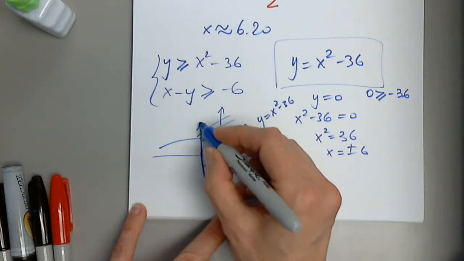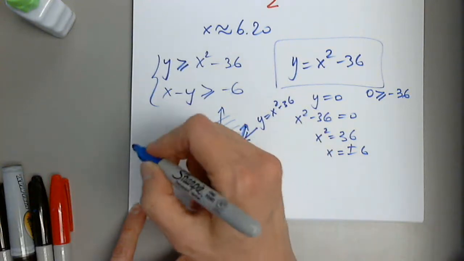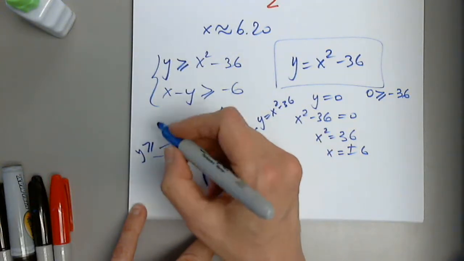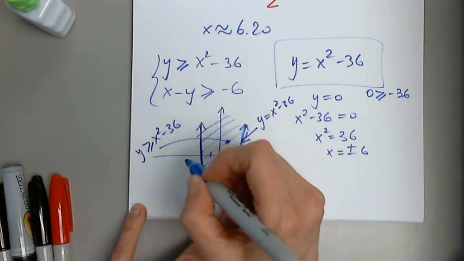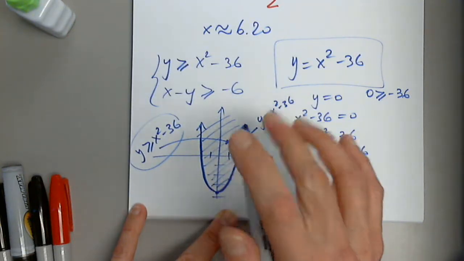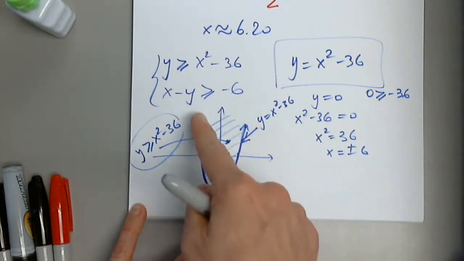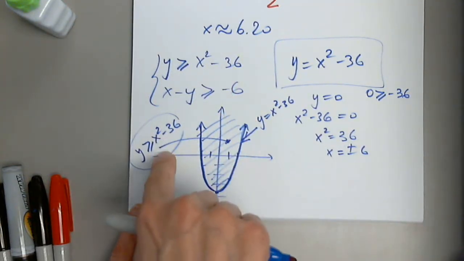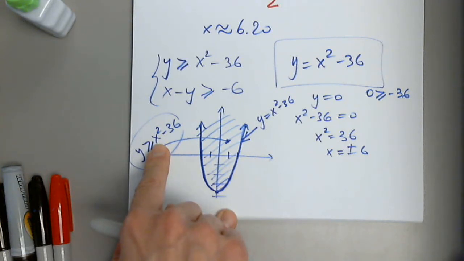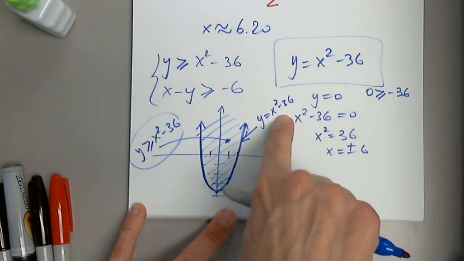Now, everything inside, including points on the curve, represents y greater than or equal to x squared minus 36. So if I pick points from here or on the curve, they will verify the first inequality. That's why all this region, including points on the curve, is this. Points on this curve is this equation.